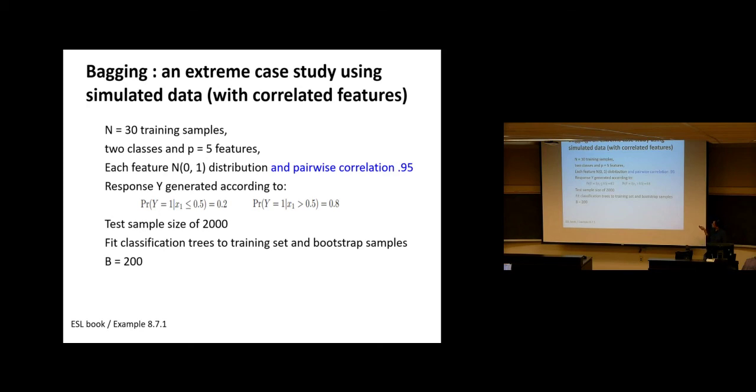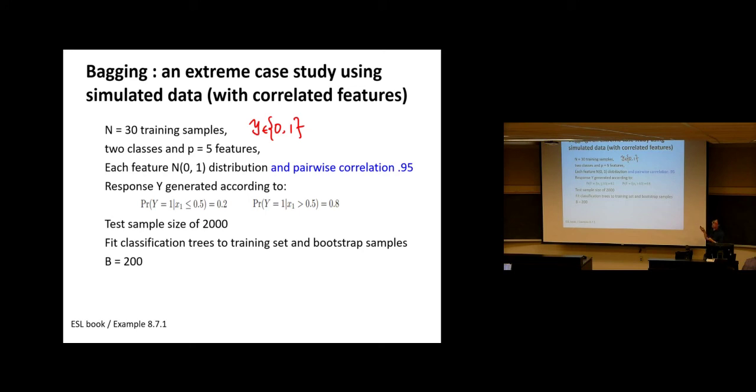There are two classes, so y belongs to 0 and 1. You can just do a normal simulation to sample 5 features, normally distributed.